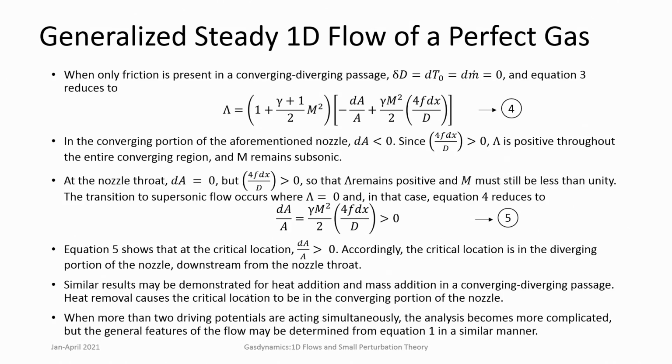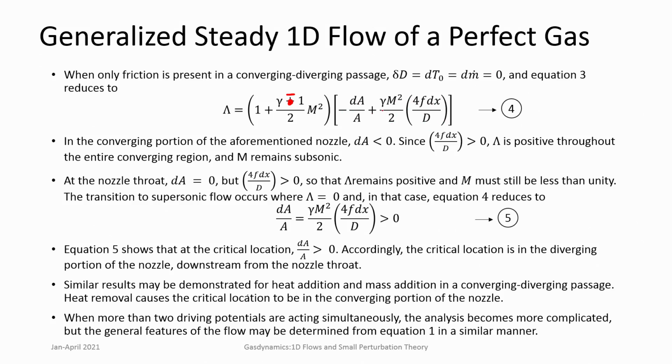For example, if we consider a case consisting only of friction and area change, which can be a flow through a converging divergent passage with friction, then there is no heat addition or mass addition, and you have a term here: minus dA by A plus gamma M square by 2 times 4f dx by d.